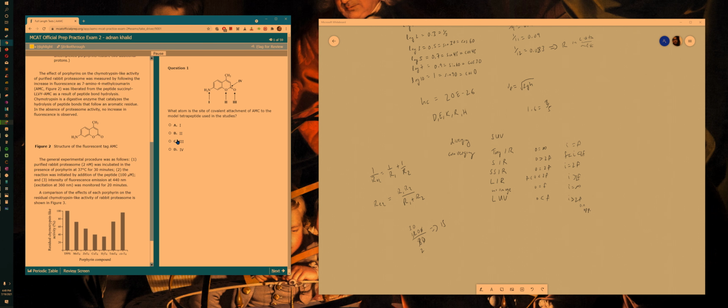But since it's taking long, I'm just going to click something and flag it and go to the next one. Because I was trying to find the tetrapeptide, I didn't see it. I could see a peptide over here, and it says they disconnect it through hydrolysis. So basically, if you connect it, it's through dehydration synthesis. So basically, it would have to add to something.